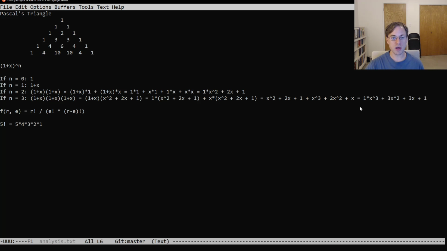In particular, you'll recall that this first row, or row number 0, corresponds to 1 plus x to the 0th power. And the next row, the row that we've numbered row number 1, corresponds to 1 plus x to the 1st power. And so everything matches up if you number it as I've described.